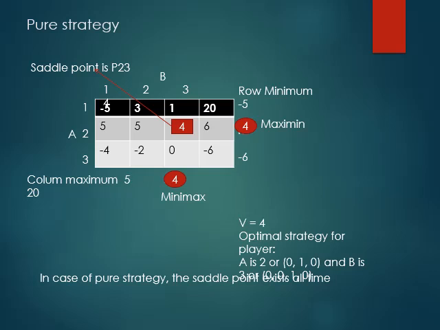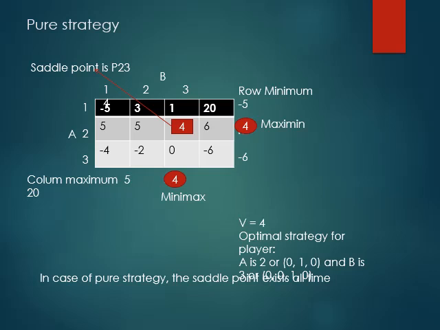Let's see the second example for pure strategy. Given as usual two players, player A and player B. Given also 4 columns and 3 rows.